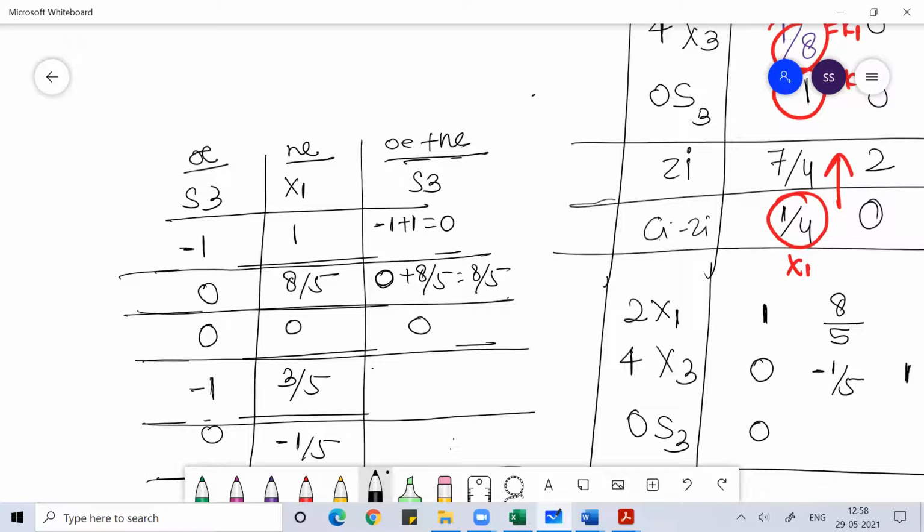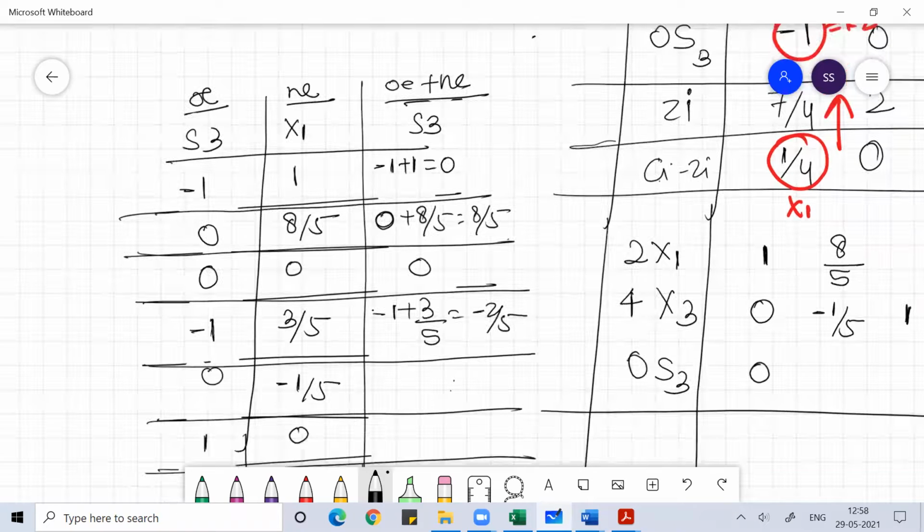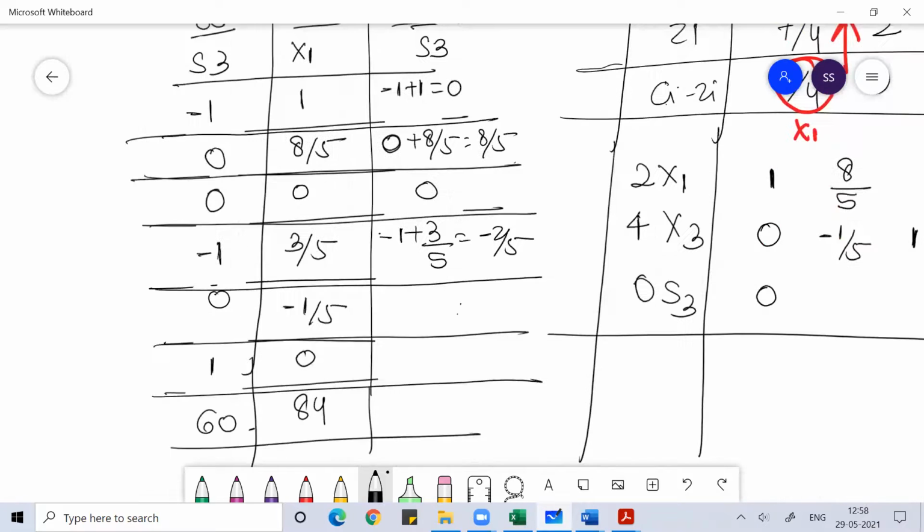Then this is 0. Then minus 1 plus 3 by 5, so this will be minus 2 by 5. Then this is 0, 0 plus minus 1 by 5, this is minus 1 by 5. Then this is 1.